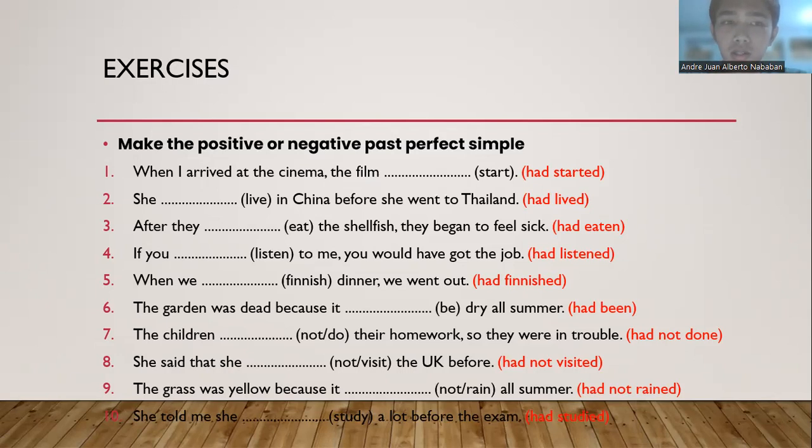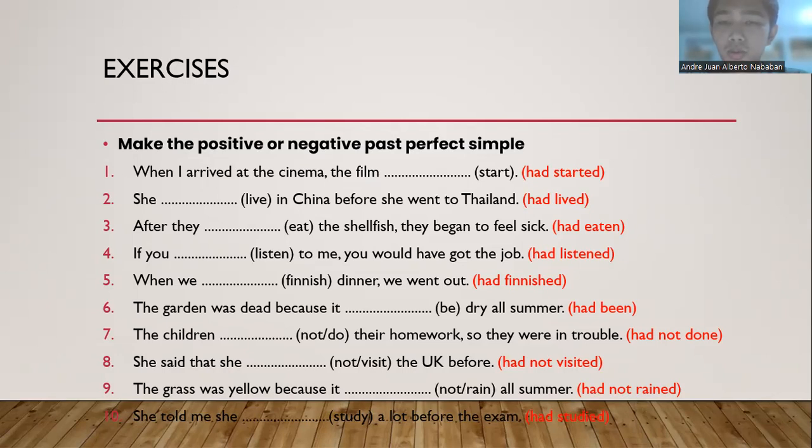As mentioned before, guys, we need the past auxiliary verb from have or has, plus the past participle or verb 3.